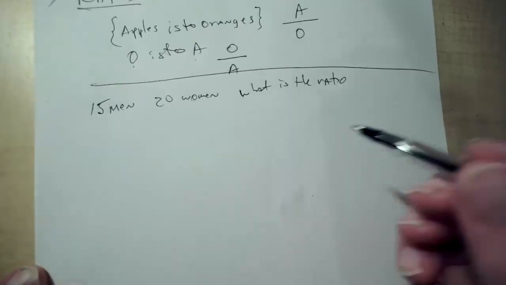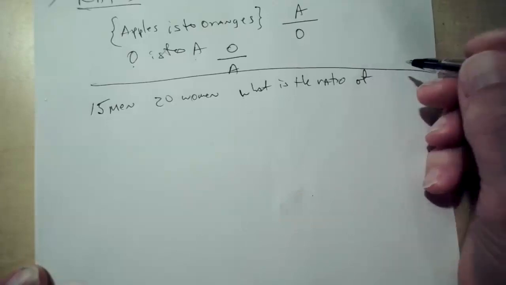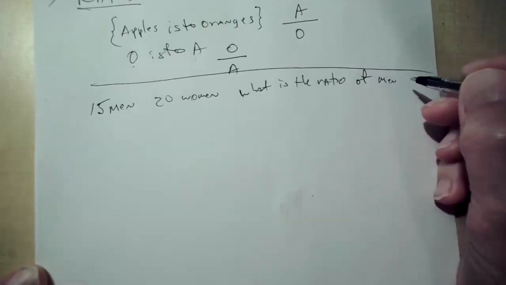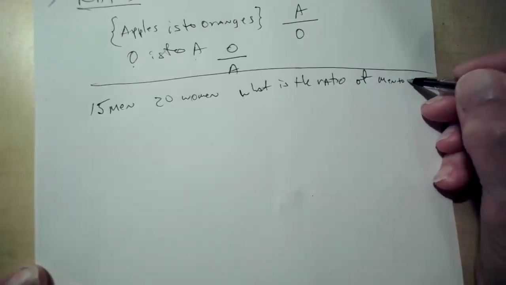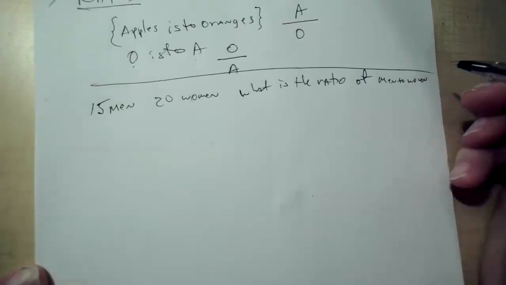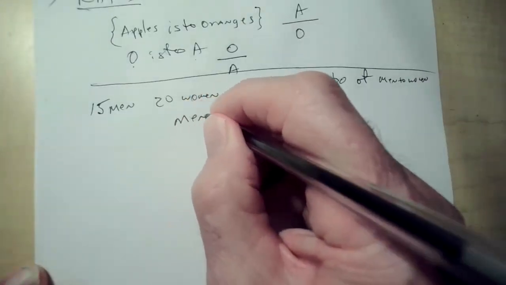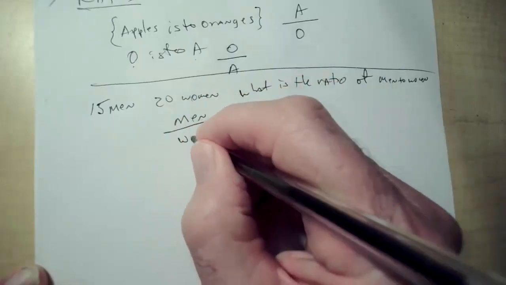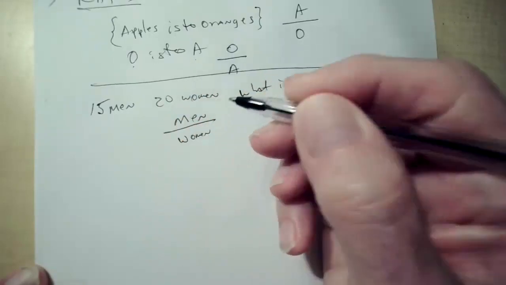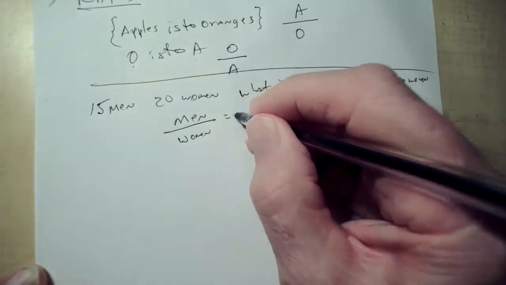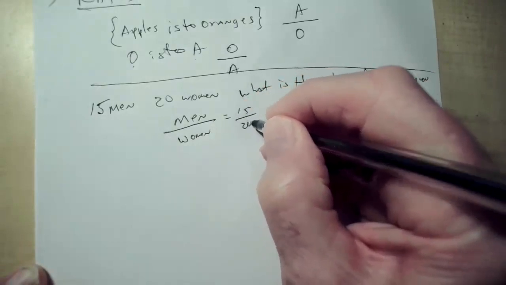What is the ratio of men to women? Men is to women. So it would be 15 is to 20.